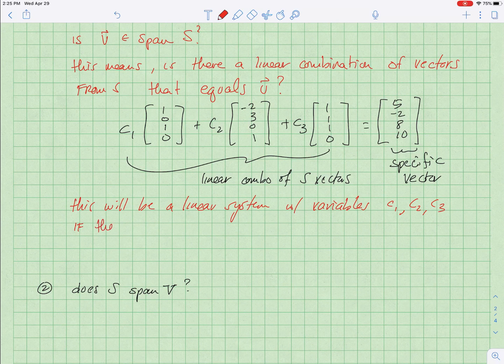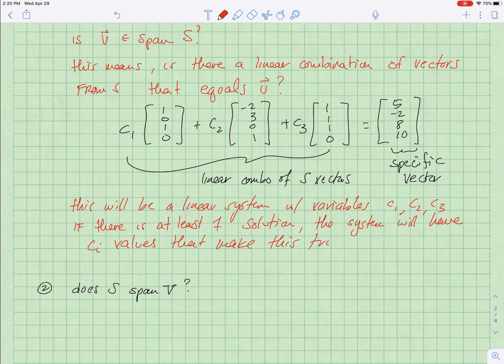If there is at least one solution, the system will have c sub i values that make this true, and we would conclude that v is in the span of S.